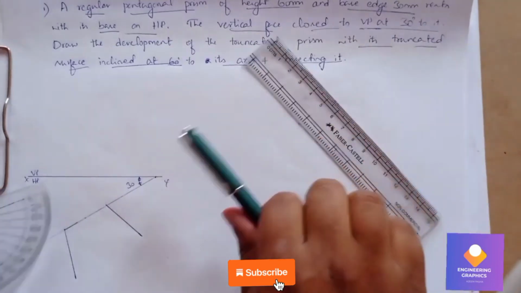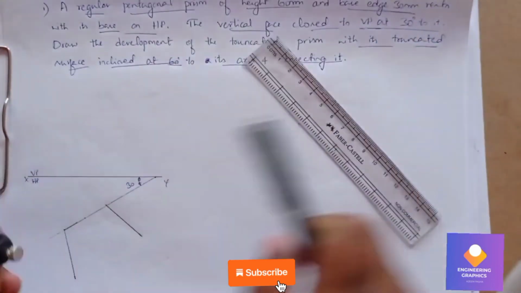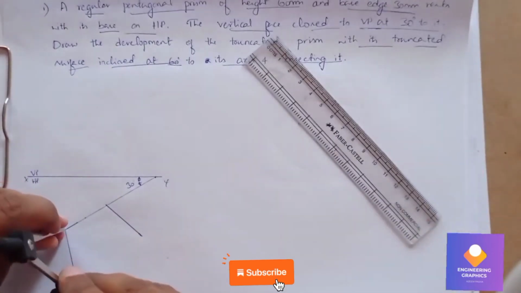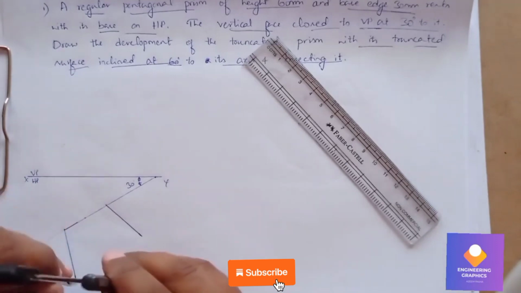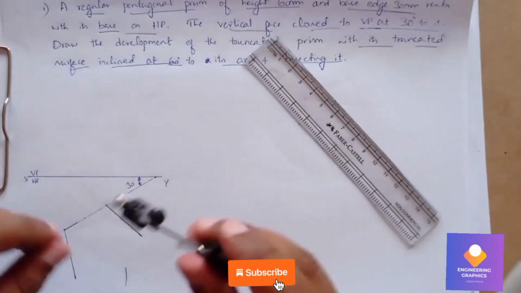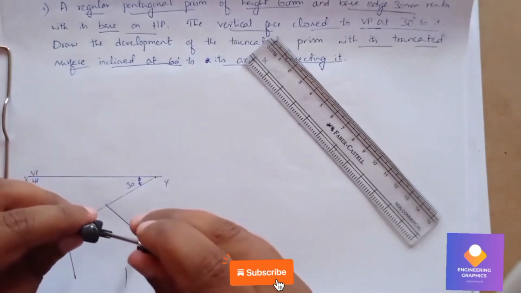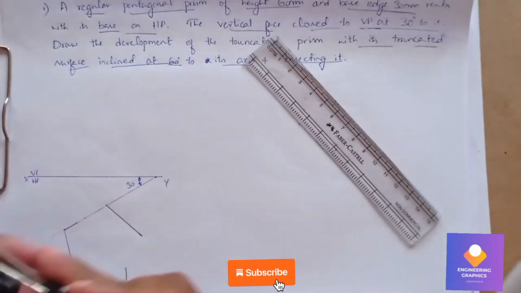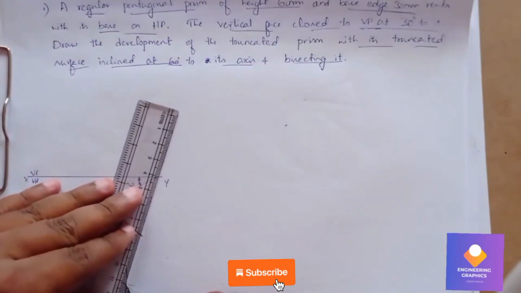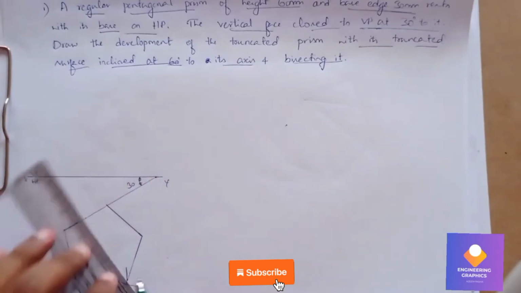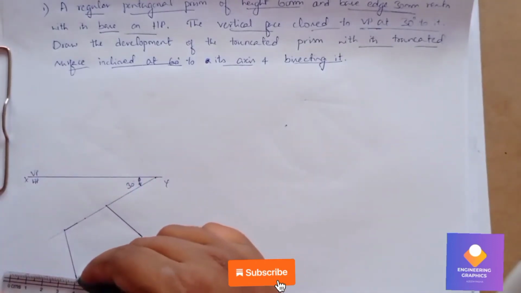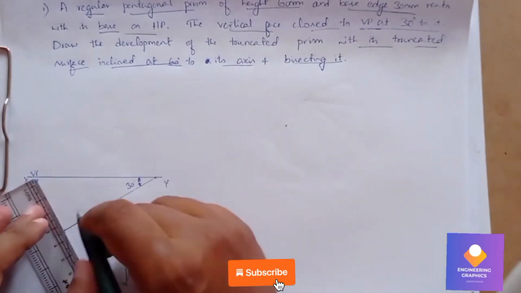Now take the compass and cut the arc of 30 mm. So we have constructed a pentagon here.